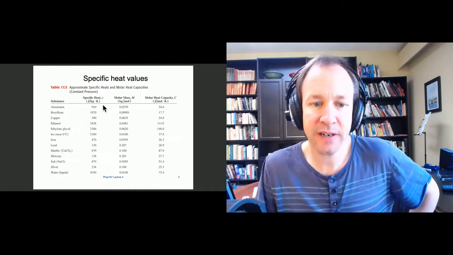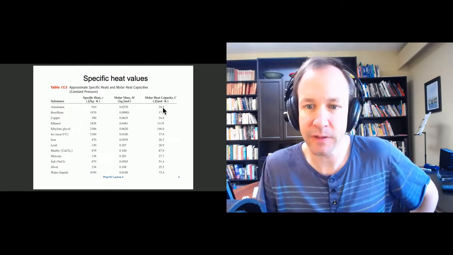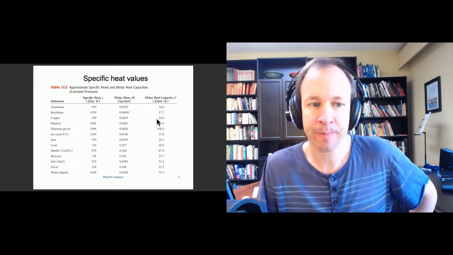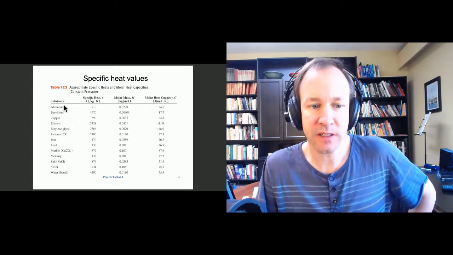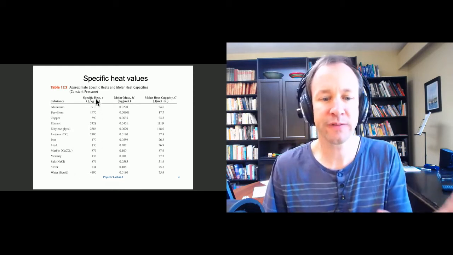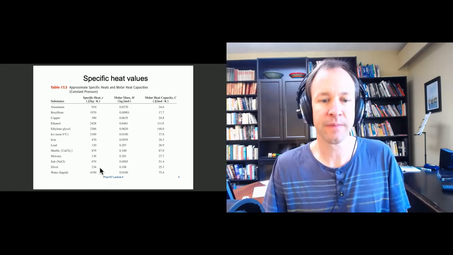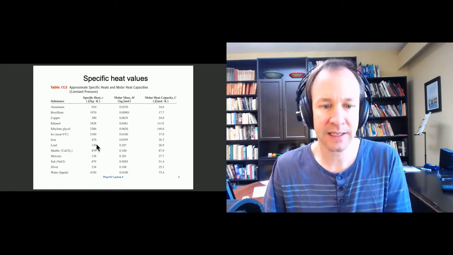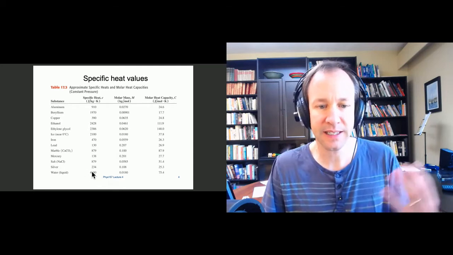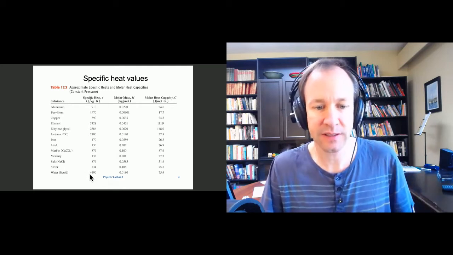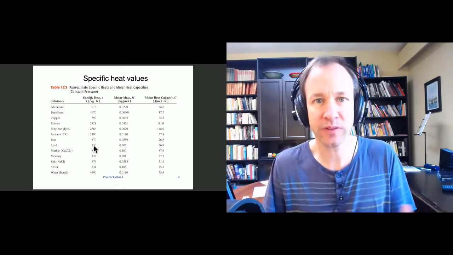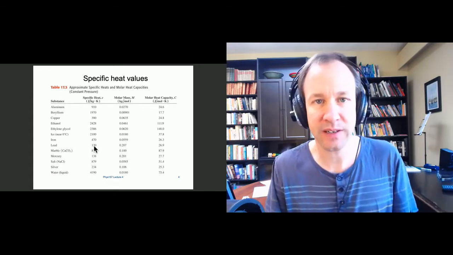And so we have various different values for either specific heat or molar heat capacity, depending on what material you're talking about. And it's interesting to see that these numbers vary quite a lot. So if you compare lead to water, then it takes way more energy, more than 30 times more energy to heat up an equivalent mass of water compared to that mass of lead.